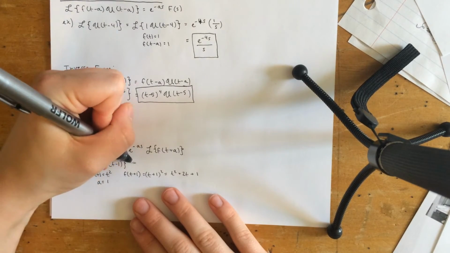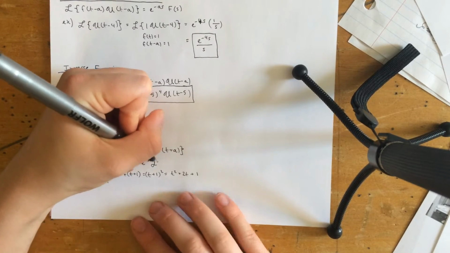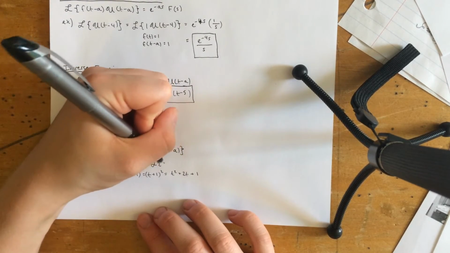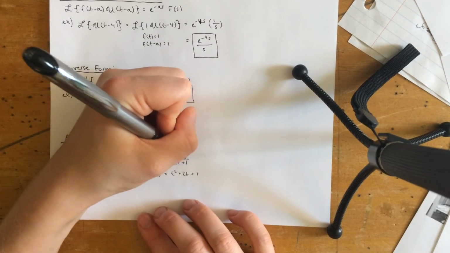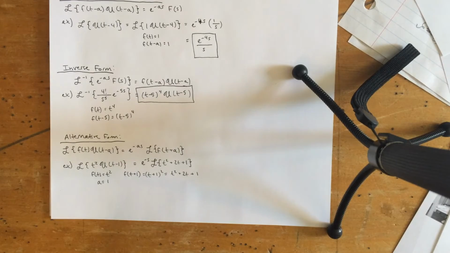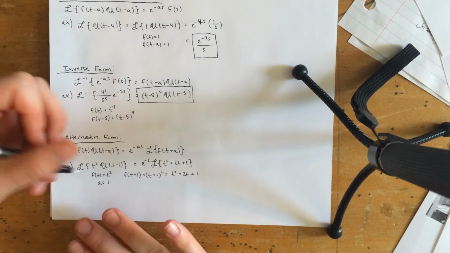And we know that is equal to e to the negative s times the Laplace transform of t squared plus 2t plus 1. And we can break that up into several Laplace transforms and take the Laplace of each term.